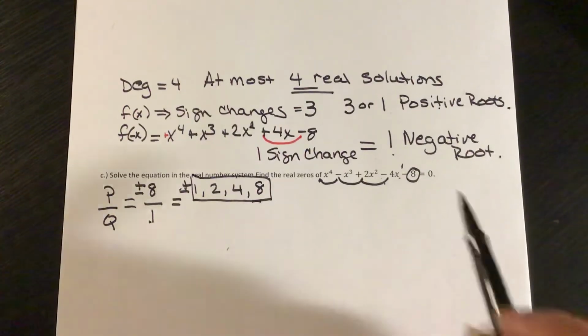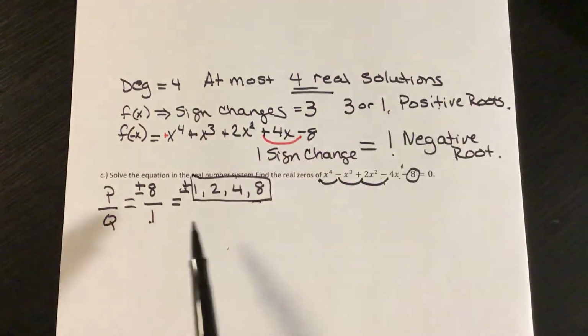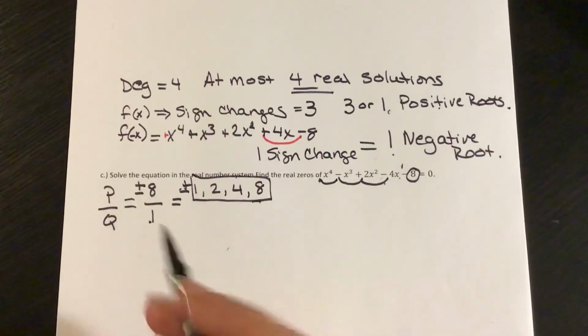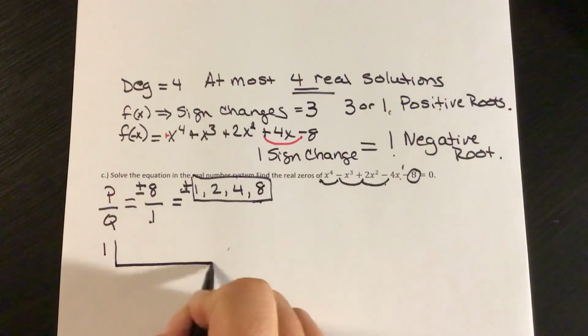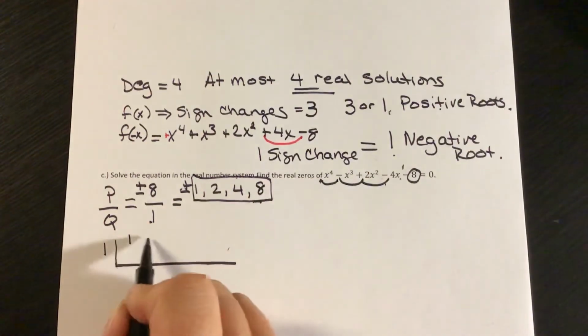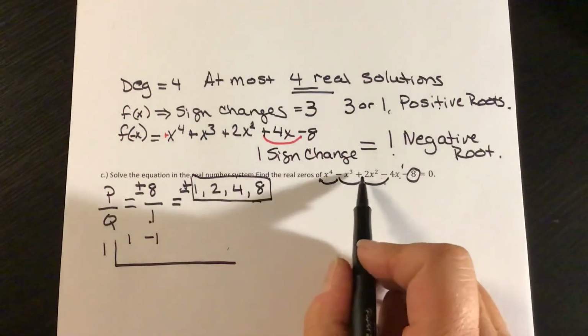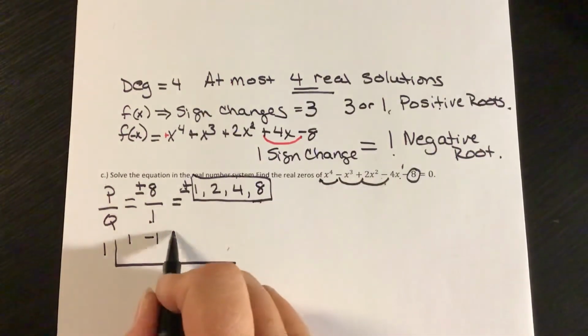Now I'm just going to try and choose. I know I'm going to have 1 negative and at least 1 positive. So let's just start with the positive and try 1. I'm trying 1 with synthetic division, and my coefficients are 1, negative 1, 2, negative 4, and negative 8.